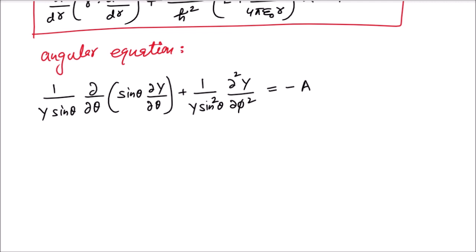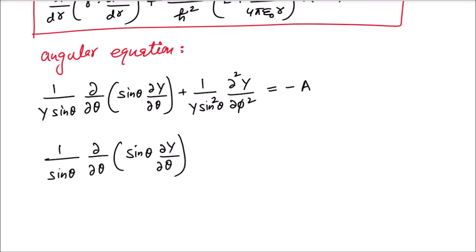So multiplying by Y, it becomes 1 upon sine theta partial differential with respect to theta of sine theta partial differential of Y with respect to theta, plus 1 upon sine square theta second partial differential of Y with respect to phi, plus a Y, that is equal to 0, okay, where a is the separation constant.